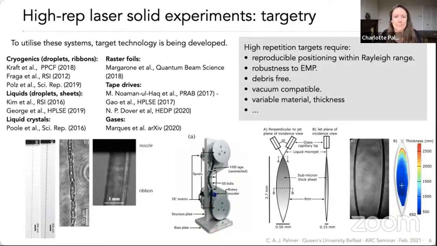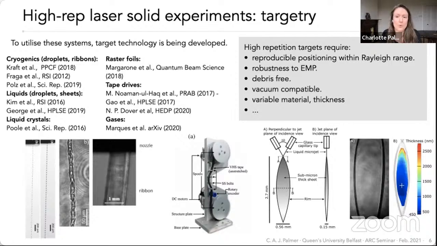Another issue is that we see a lot of debris from solid targets, and particularly when you start running at high repetition rate, these foils can end up coating the vacuum chamber. So debris is an issue, and using these, you need to couple them with some kind of debris mitigation.